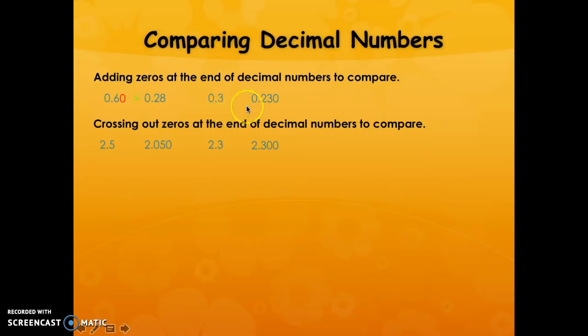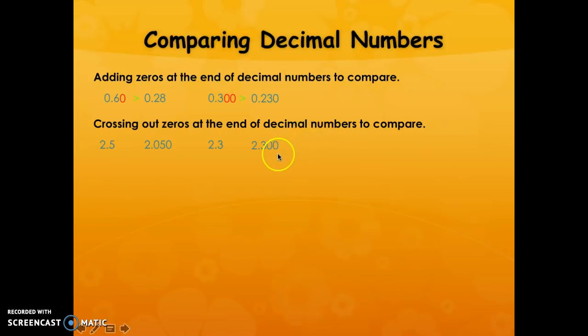Okay, let's look at these two. Right now we have 3 tenths. We have 230 thousandths. So if we make them the same length, if we turn this one into thousandths, we can see that 300 thousandths is more than 230 thousandths. So one of the ways would be, and I encourage you to always stack these, but anyhow, if you don't do that, simply adding zeros at the end will help you.